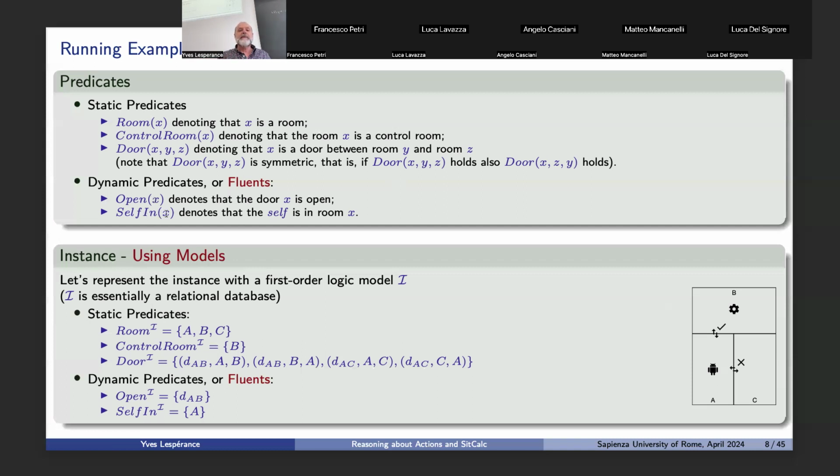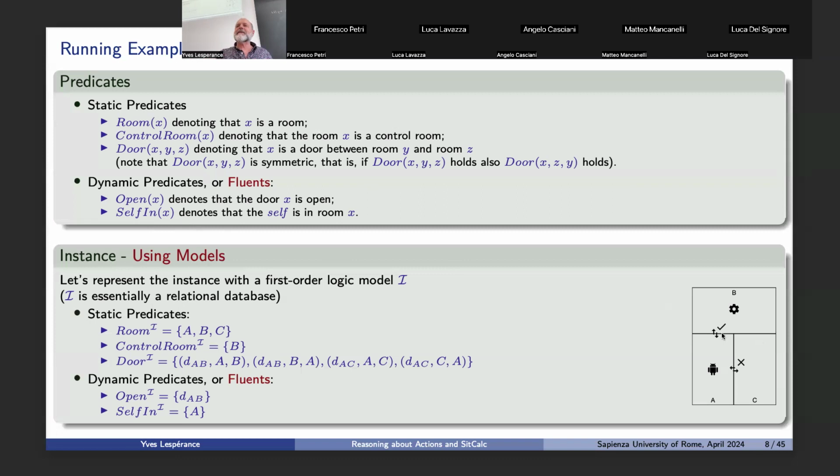And then self in X means that the robot self is in room X. Given these predicates, we can define a model in, I don't know, first order logic language, using these predicates that represent the initial state in our application.